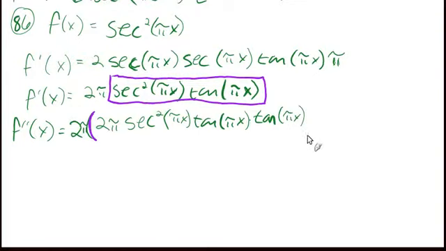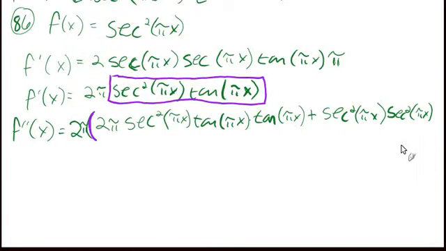So next, the rest of the product rule: secant squared of pi x times the derivative of the tangent of something. The derivative of the tangent of pi x. The derivative of the tangent of something is secant squared of the something.